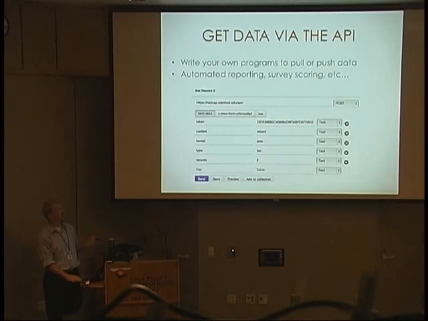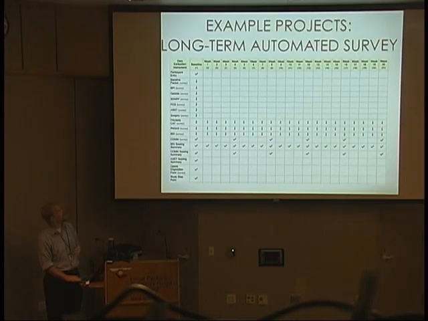And then here's the API, where you generate a token, which is like a username and password for your project, and there's a whole documentation list where you can pull the questions, the data, all that stuff. Here's an example of a long-term automated survey project where they're sending the patient a link to this survey every week for a long period of time. It actually goes way over up there to the top of the room.